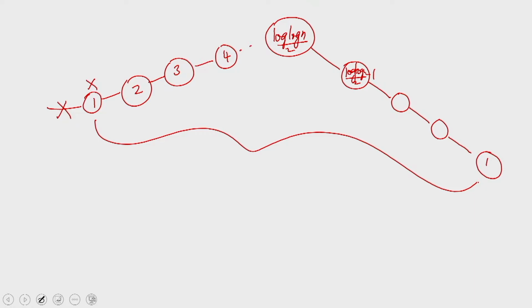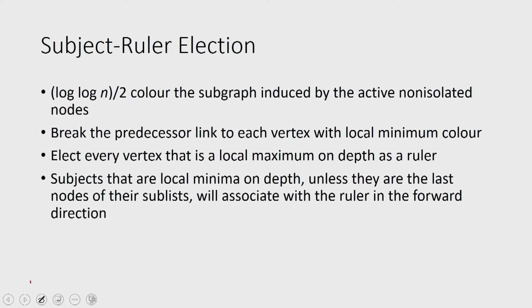So, the number of nodes in this stretch would be less than or equal to double log n. So, this ensures that consecutive stretches of active nodes will get broken into sublists of size double log n at the most. So, this is the first step of the subject ruler election. We break the subgraph induced by the active non-isolated nodes into sublists of size double log n at the most.